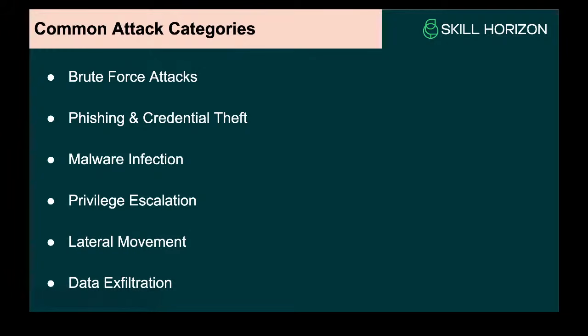Whenever you are examining or detecting those attacks, you will look at the logs, the event IDs, or network traffic. Your job is to detect those footprints, like a cyber detective.